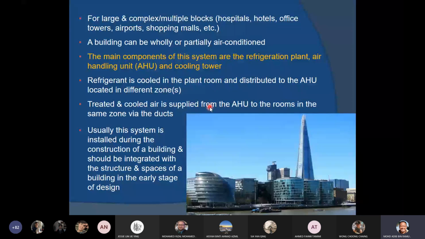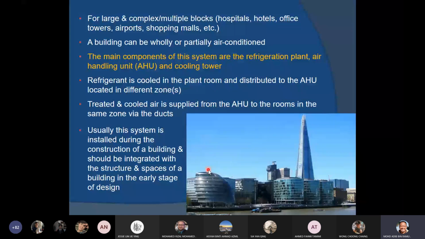Some shopping complexes have wings to mark different sections or zones. You have the north wing, south wing, east and west. Each of these wings can be considered as one zone, and for each level of the wings, you can have multiple AHUs as well. So there are many variations of how you can introduce this in a large building.